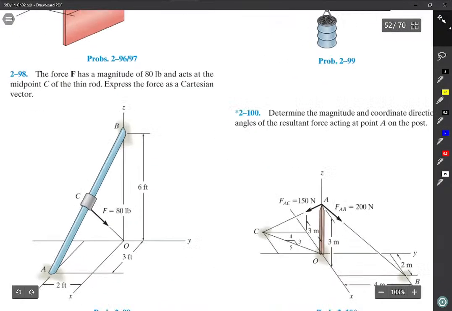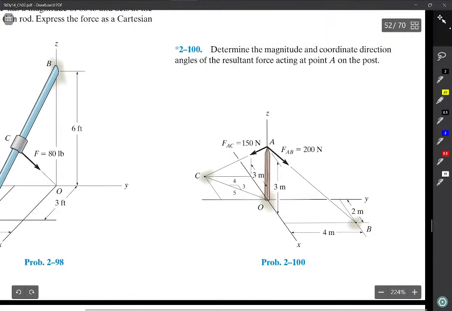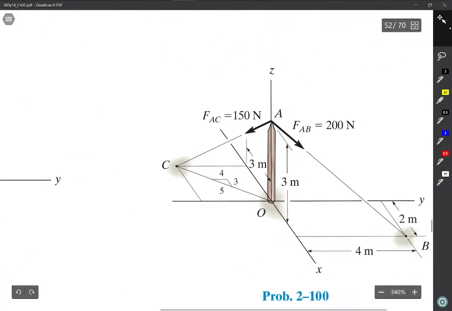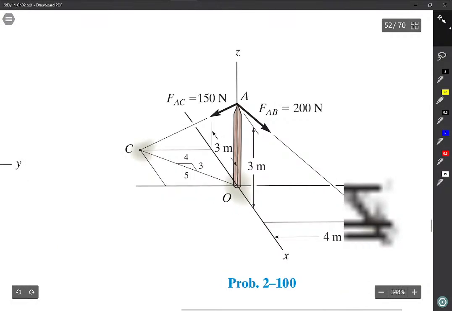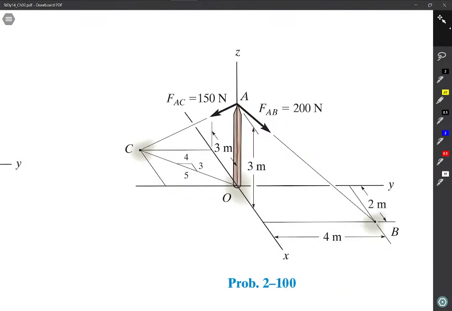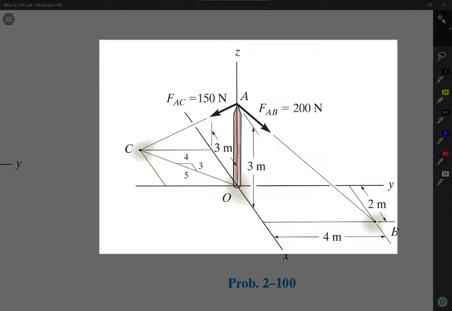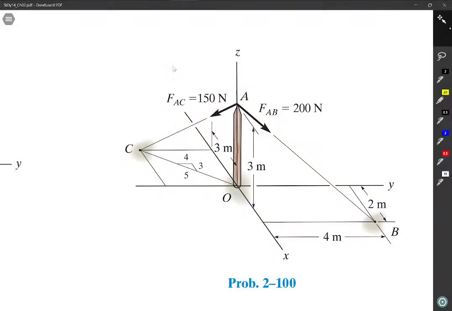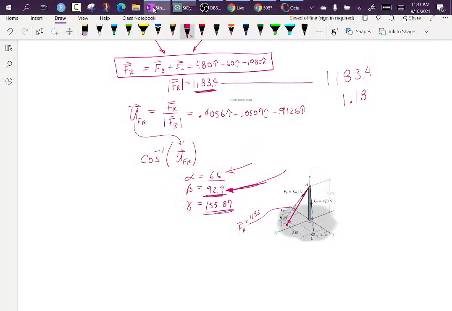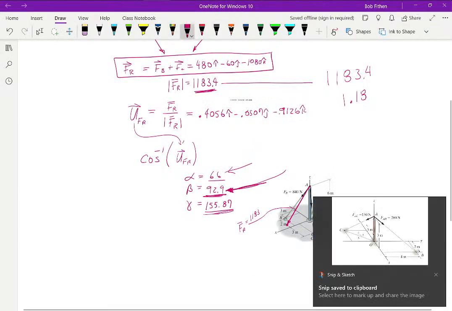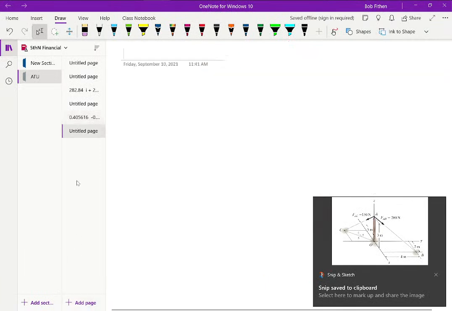Oh, looks like maybe that's it. A little bit better picture here. Okay, let's see. Let me add a new page.